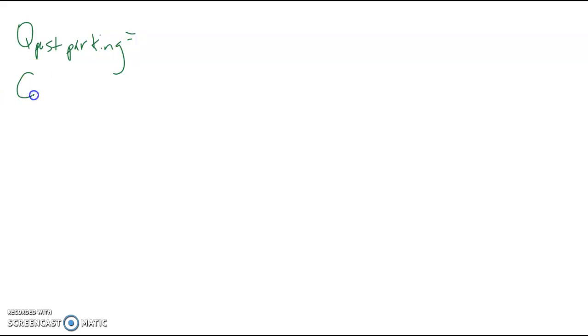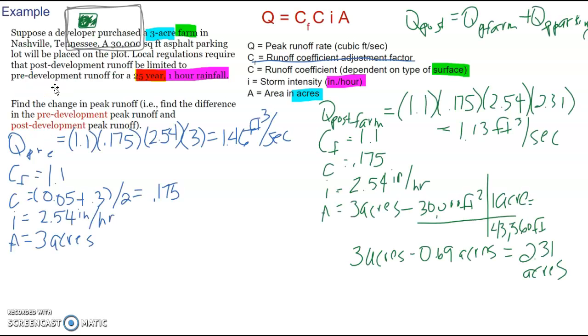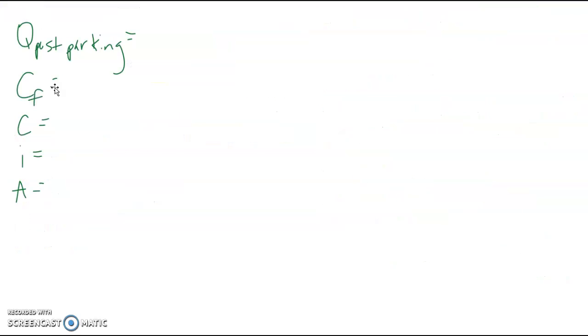Okay, so we have our C sub F, our C, our I, and our A. Well, our C sub F is still going to be the same for all of it. So we're still using this 1.1. And my I is staying the same. That was 2.54 inches per hour.